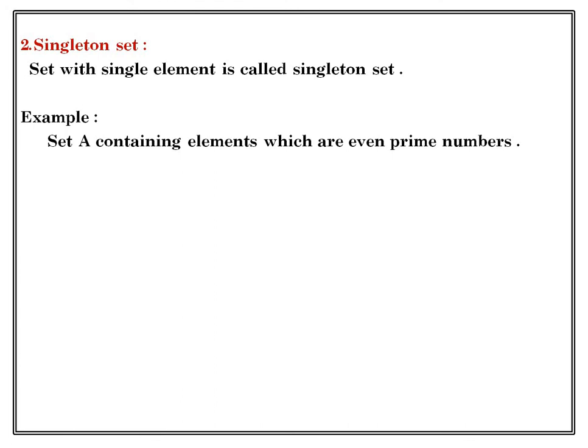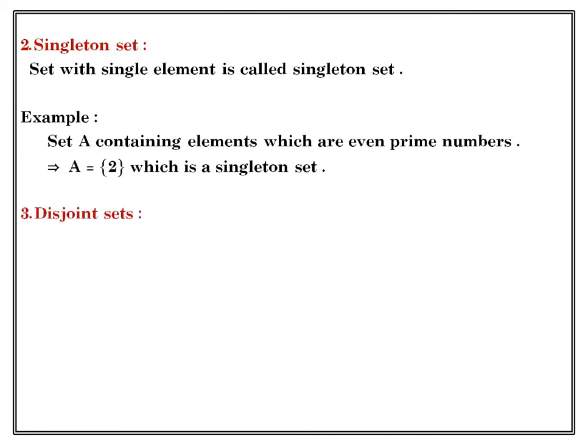So in the set of even prime numbers, how many elements will we have? We will have only one number, that is 2. 2 is the even prime number. It is an even number as well as a prime number. So that means A is equal to set 2. So A has only one element. This is a singleton set.